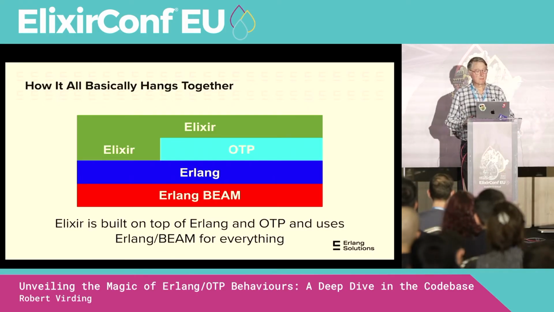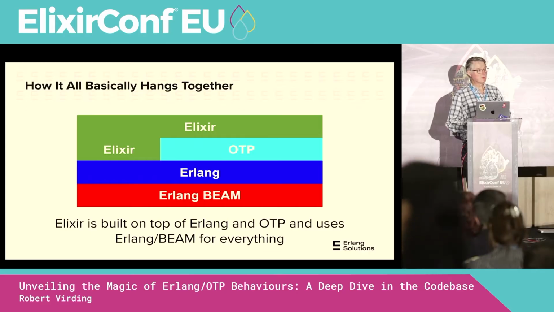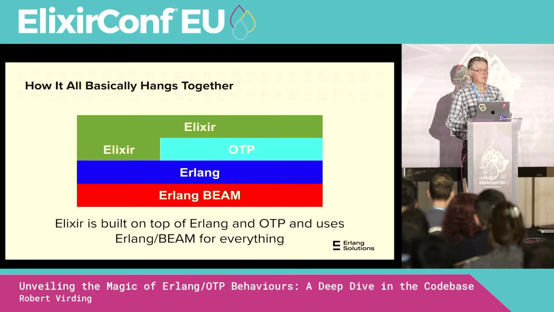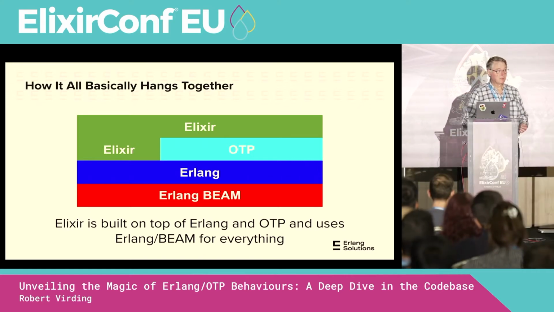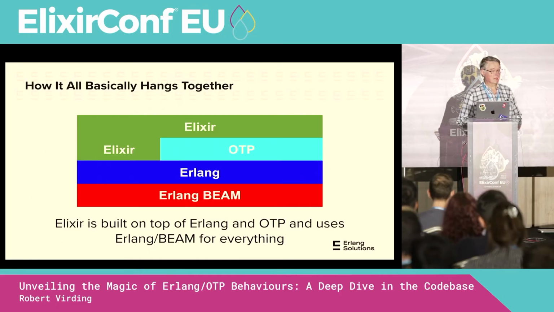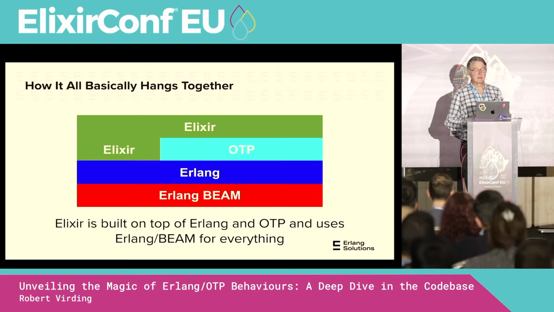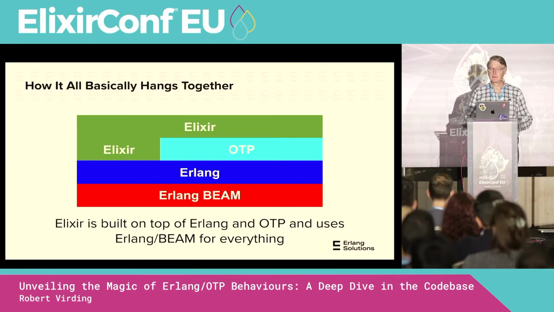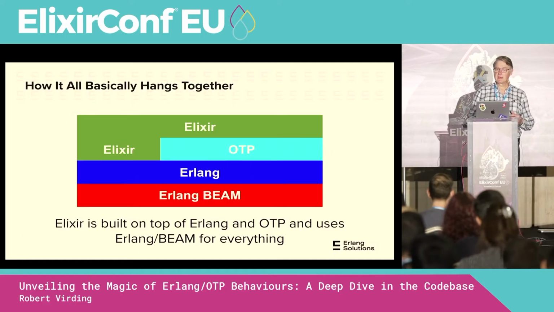When you're calling modules from Elixir, a lot of them will call Erlang modules underneath, amongst other things, the OTP behaviors. At the bottom of all this is the BEAM, which runs Erlang. Okay, and so all the features you're getting in your Elixir language come from Erlang and the BEAM.